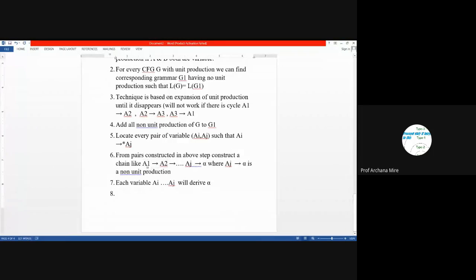We will insert a new production rule A1 leading to alpha, then A2 leading to alpha, and AJ leading to alpha. That is the meaning of this: each variable AI to AJ will derive alpha. We break this chain A1 leading to A2 leading to AJ, and simply insert the new production rules A1 leading to alpha, A2 leading to alpha, AJ leading to alpha.